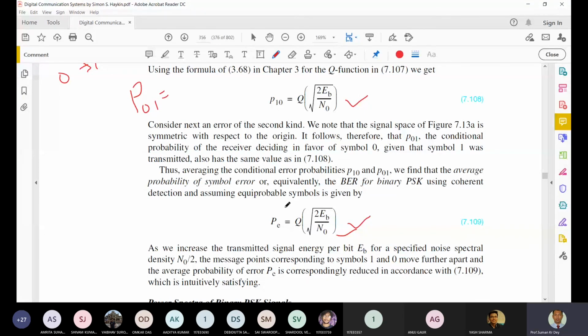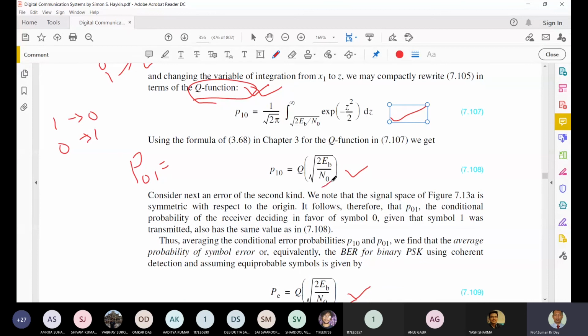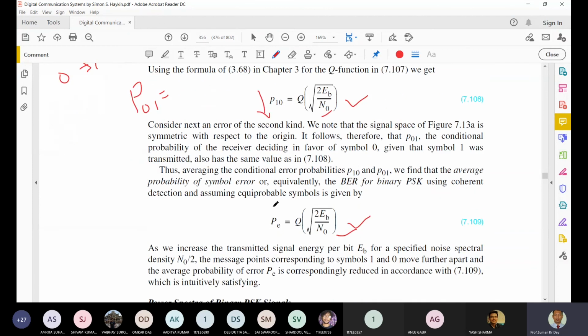The probability of error will increase or decrease? It will reduce, because if you see this function, if we increase the value of this for a particular value of n naught, P will decrease when we are increasing Eb.